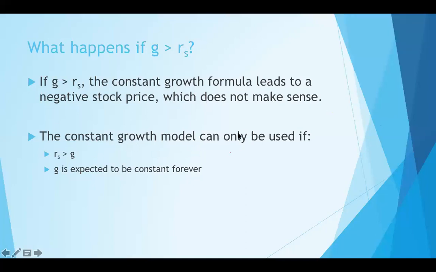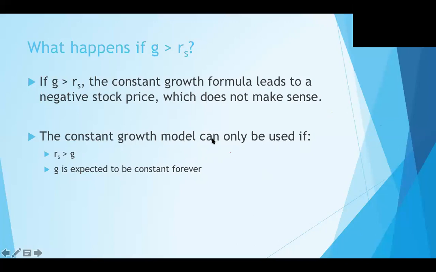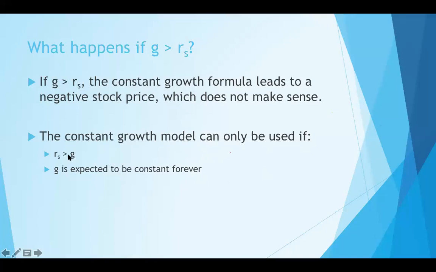That's why this model can only be used if the expected return is higher than the expected growth rate G. We expect the growth rate to be constant forever. The difference between D1 and D2 is the growth rate, exactly. The difference between P1 and P2, we'll come to that, don't worry. Up to now, I guess it's clear.